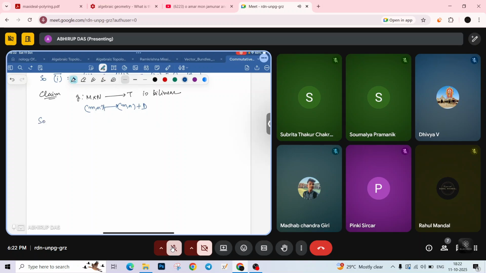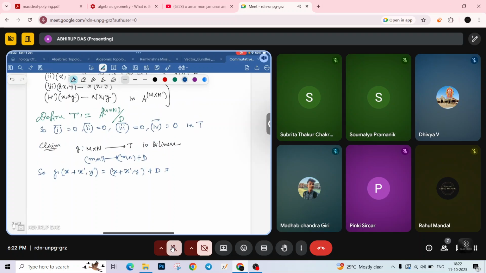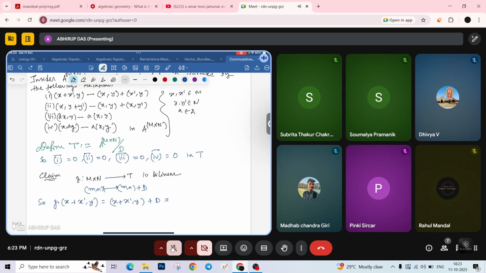So g of (x plus x prime, y) is equal to, by definition, according to our definition, I will just check one, (x plus x prime, y) plus D, right? Now you see one bar is zero, right? What was one bar? This thing is one bar, right?